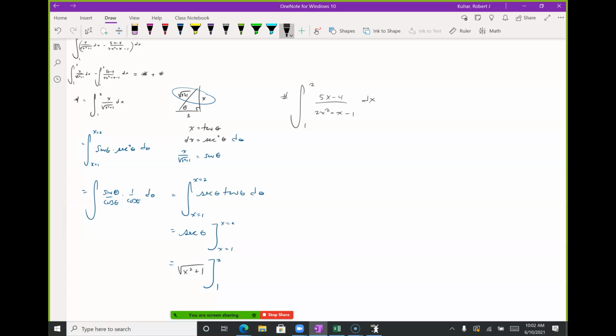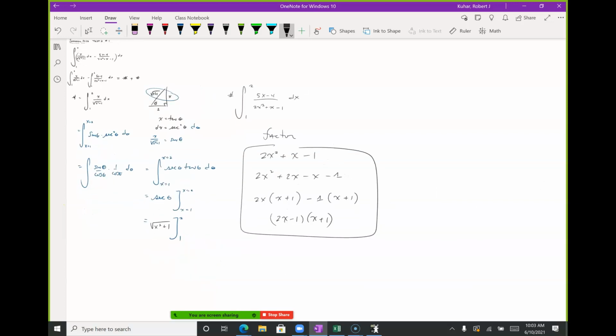Okay, partial fractions. I've got a factor, right? So I'm going to factor 2x squared plus x minus 1. So there's my factoring of that denominator.